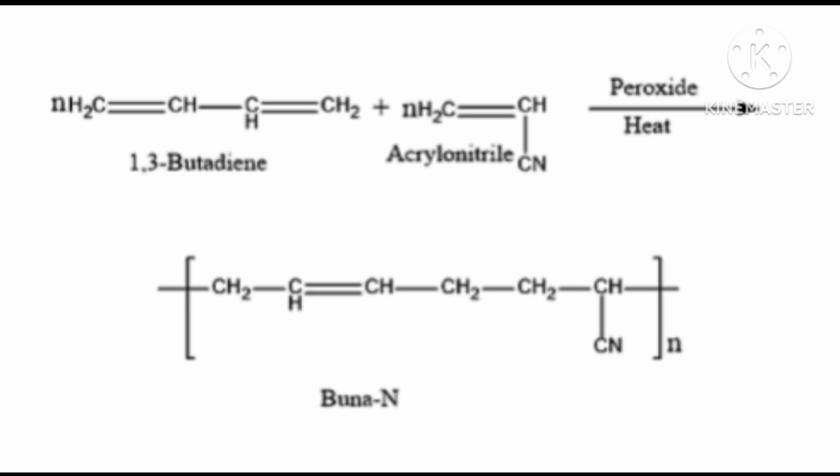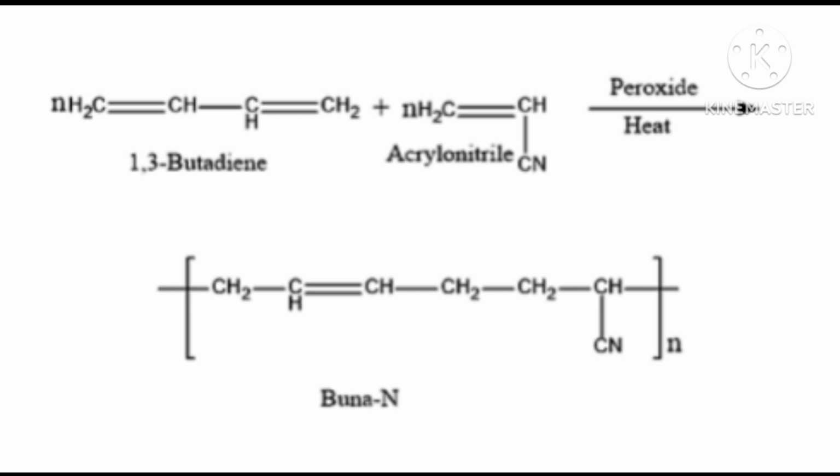Now the second example I am telling you is Buna N. N means nitrogen, here cyanide is joining, that's why Buna N. Already I have discussed this.